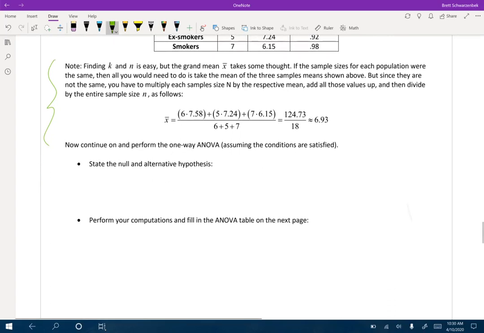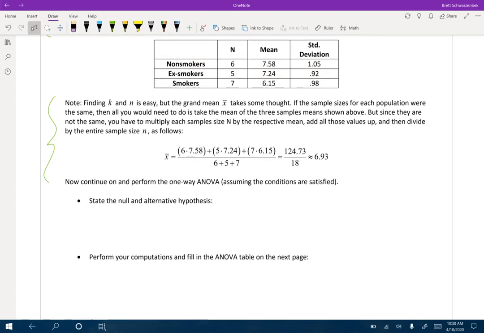So let's talk about this null and alternative hypothesis. So just to be clear with what we're dealing with here, essentially all the values, all the statistics in this problem are about the birth weight of a child. But the factor that they're measuring this with is the smoking behavior, which has 3 levels. Those 3 levels are non-smoker, ex-smoker, and smoker.